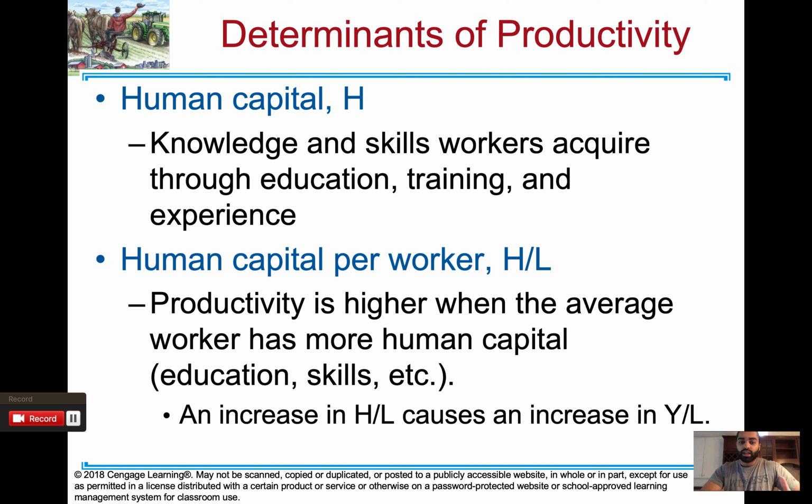You need to understand what's going on, how to use it, when to use it, and so forth. So the more education, training, and experience an individual has, the more they can produce. So an increase in H divided by L causes an increase in Y divided by L, which basically is the more human capital per worker, or the smarter or more skilled an individual is, the more that they can produce per worker.